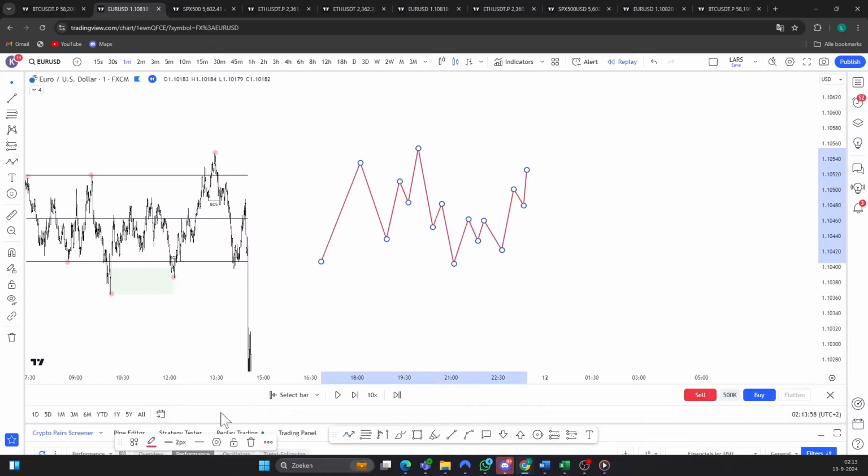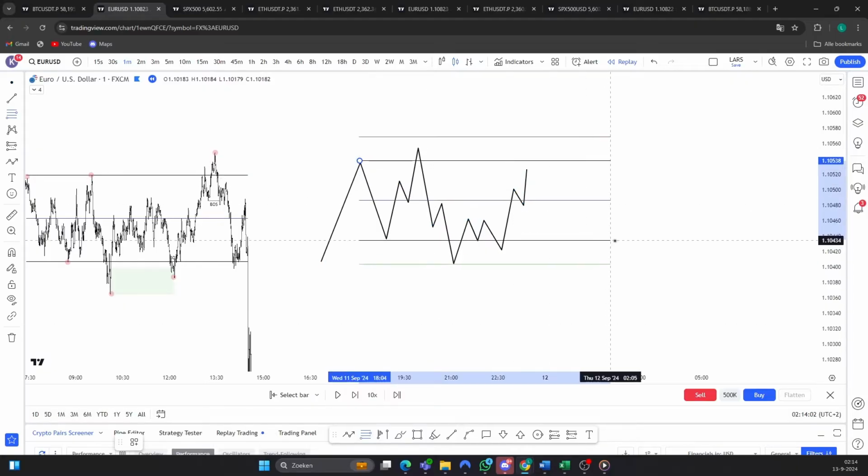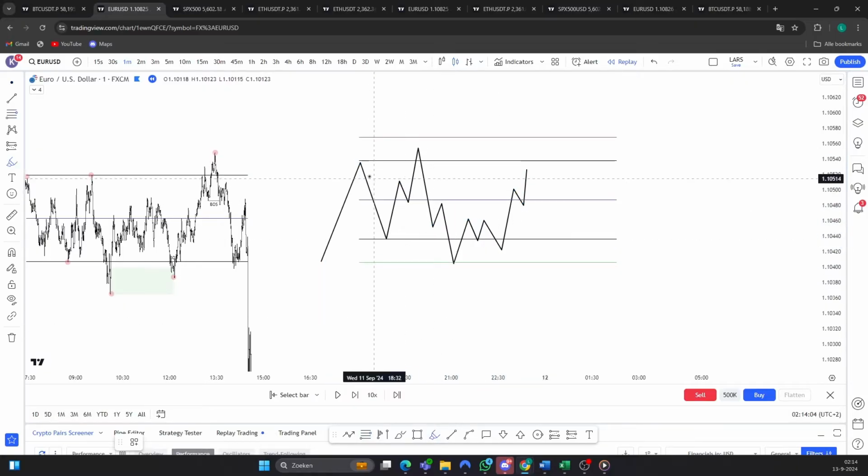Now, let's say this is our range. And we have our range high, we have our range low. Right here. Boom, boom, deviation 1, deviation 2. And right here we confirm like an extreme liquidity sweep, making a valid third tap. There you go.